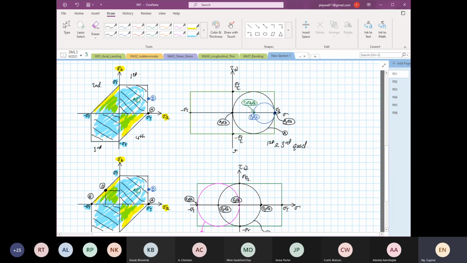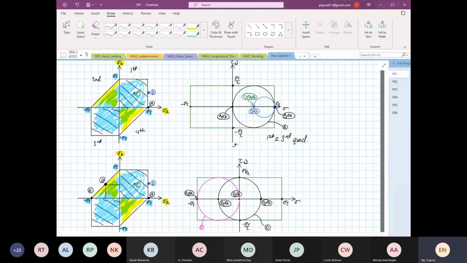In the first and third quadrant, what changes is the circle changes in size. You can see I just did a few examples of how the circle will vary when we put different conditions at point A, B, and C, or it can even be a point.